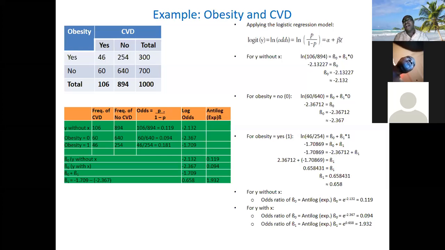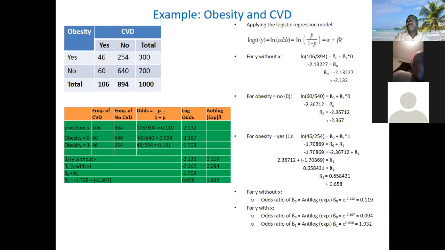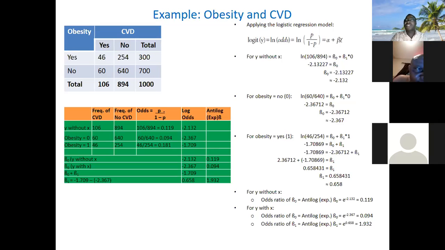Beta 0 or alpha doesn't have an x attached to it because it is a constant. That is the value of y when x is equal to 0. The beta that has the x is the regression coefficient of that variable. That is the change in the value of y per unit change in the value of x.